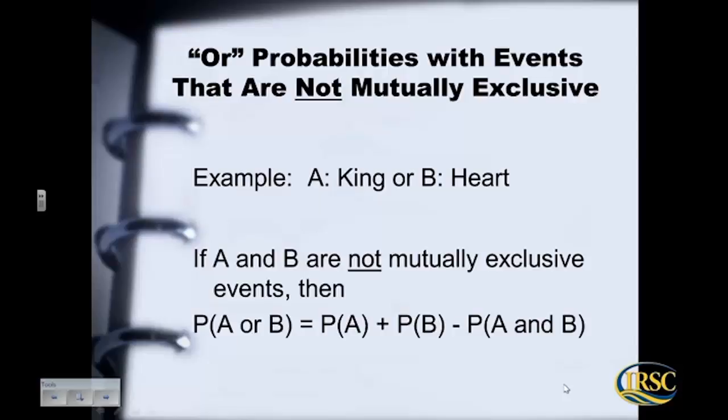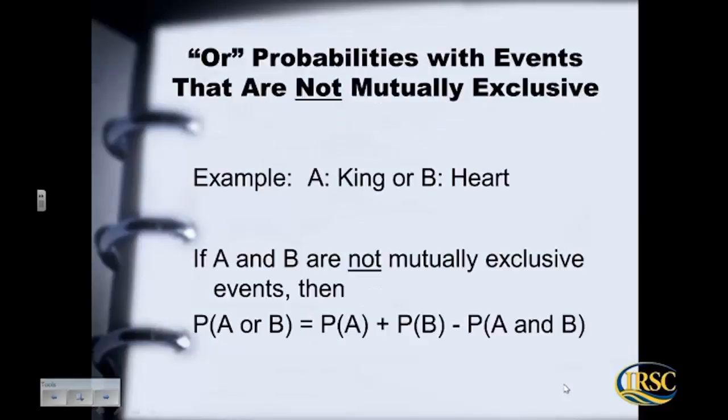All right, so when you have an OR problem, the key word is OR, you're always going to be adding your probabilities. The only modification to that means that you have to subtract what they have in common. But think about this, that subtracting is still adding, it's adding a negative. So think of OR as always adding, to remember that.